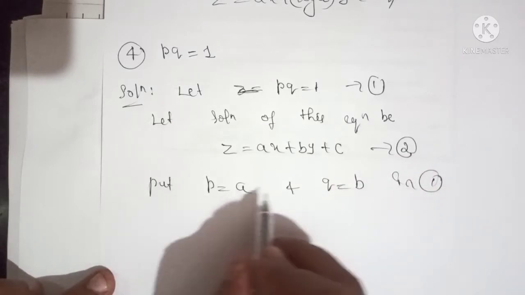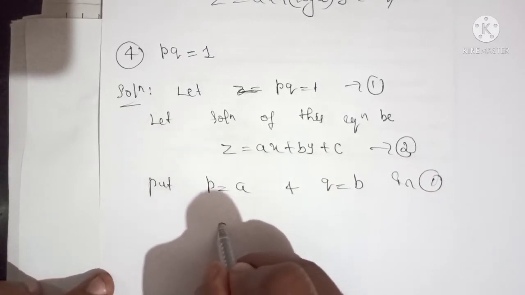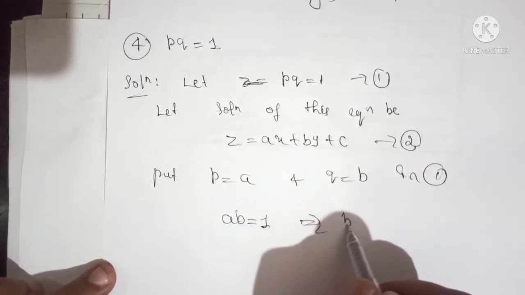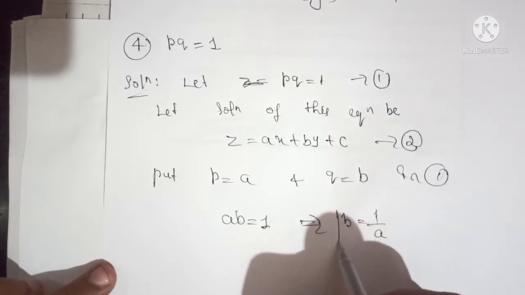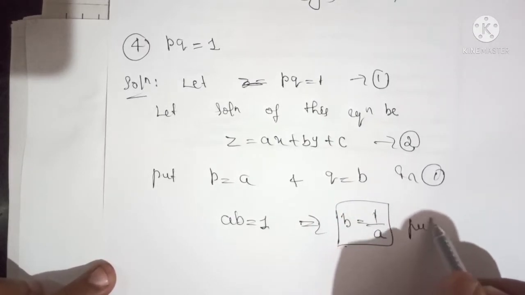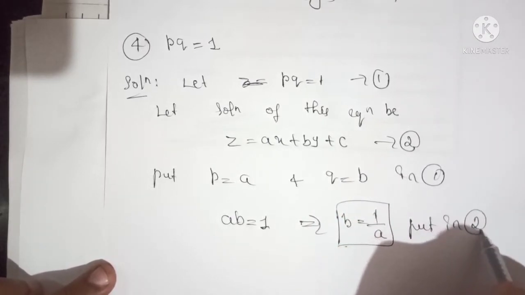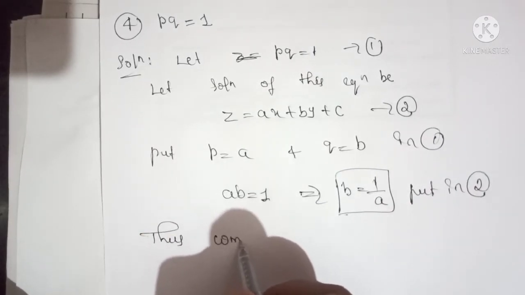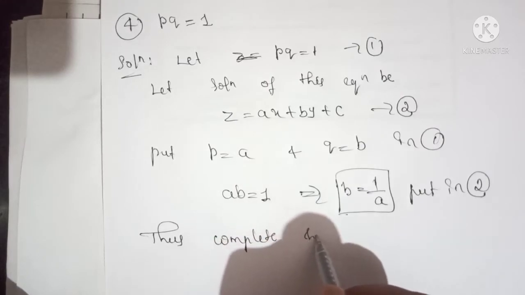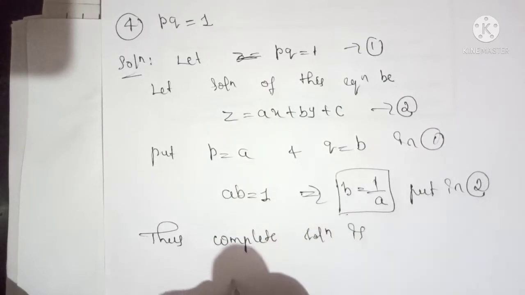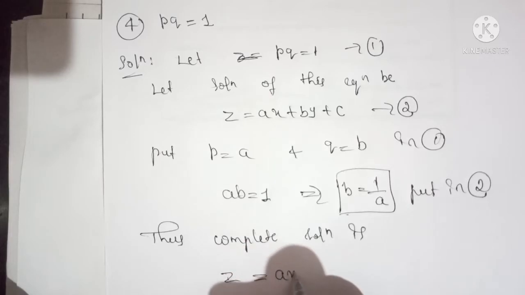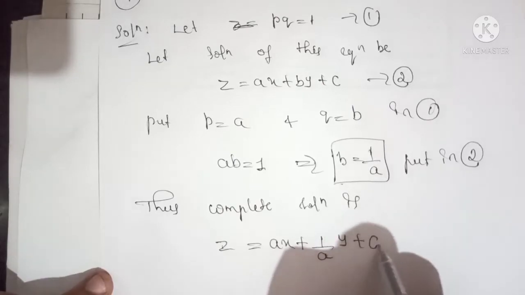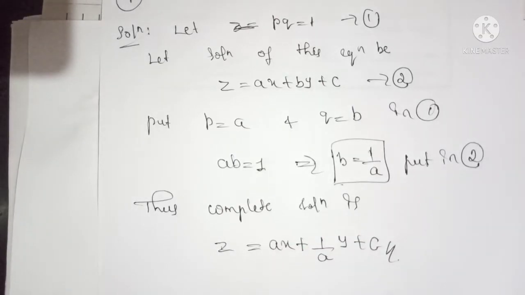So substituting this value we get AB is equal to 1. This implies that B is equal to 1 divided by A. Put this value in equation 2. Thus the complete solution is Z is equal to AX plus B, which is 1 by A, into Y plus C. So this is the required solution.